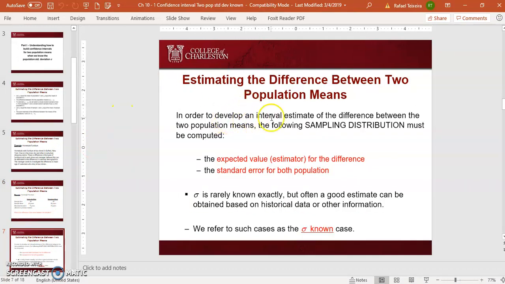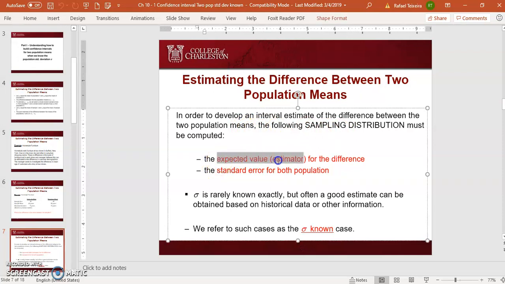In order to develop an interval of the difference between the two population means, the following sampling distribution must be computed. The expected value, the estimator for the difference. So we have to compute how much different these two stores are and compute the standard error for both populations.